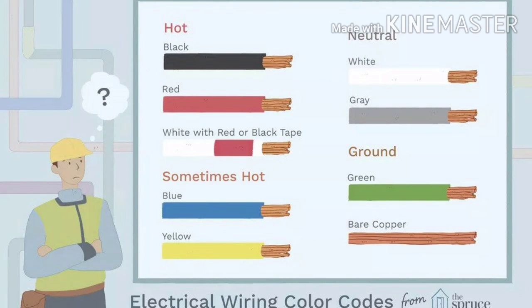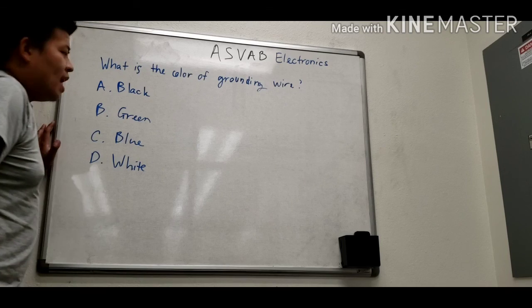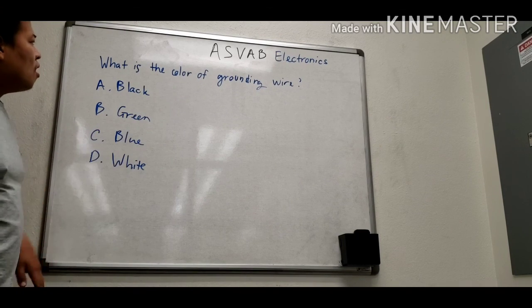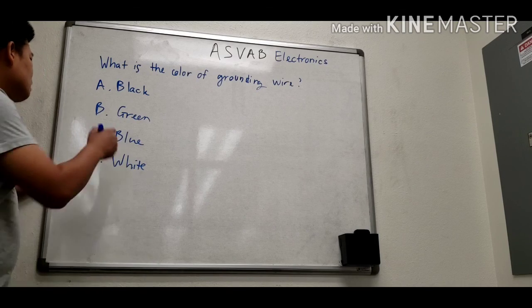Here is the color of the wire. You must remember all of them because it's on the test. Here is the color of capacitor, inductor, and resistor. You must remember the number and the color. So on the ASVAB they ask, what is the color of the grounding wire? After we study, we know that this is green.